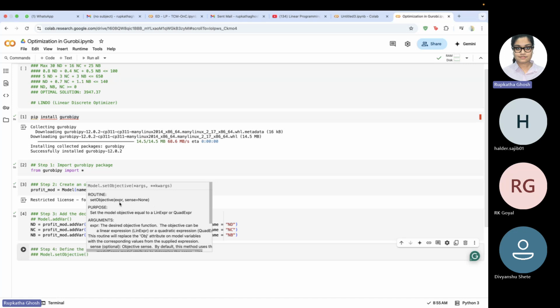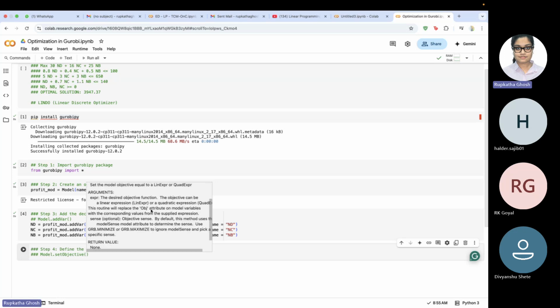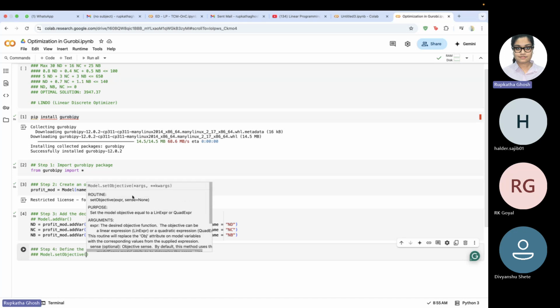The expression is nothing but your desired objective function, which in our case is 30 ND plus 16 NC plus 25 NB. Sense is basically whether you want to minimize or maximize. For minimize, we use grb.minimize, but our model is a maximization problem, so we'll simply use grb.maximize. Remember the syntax.